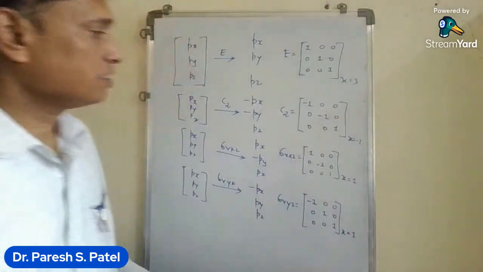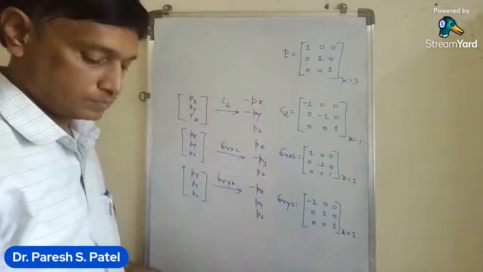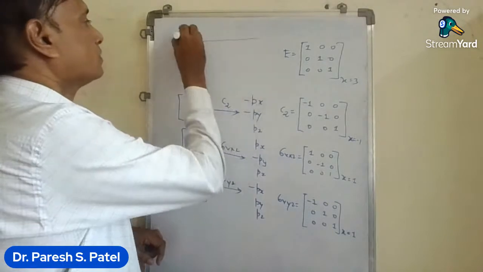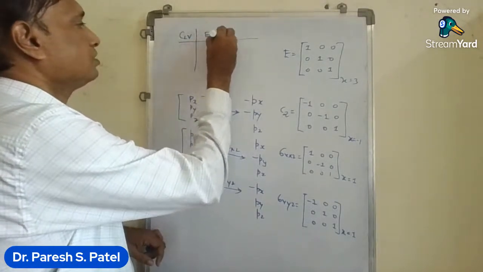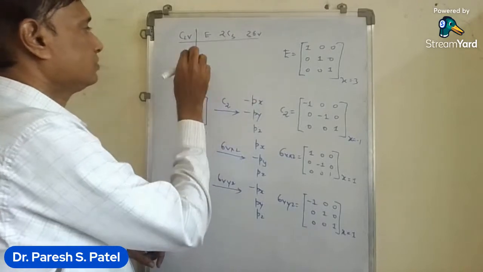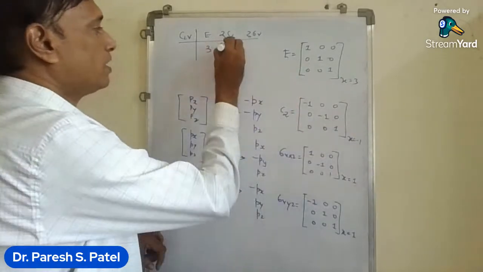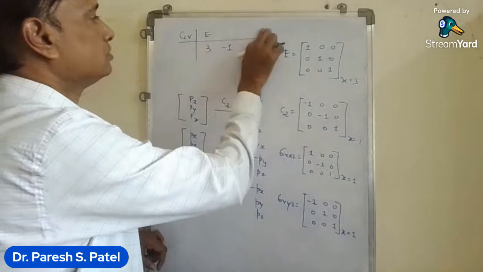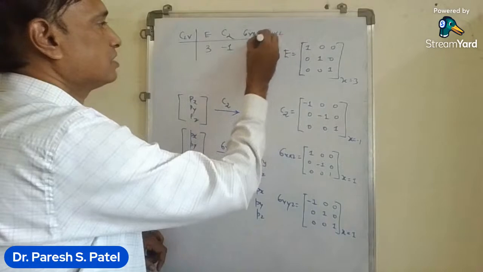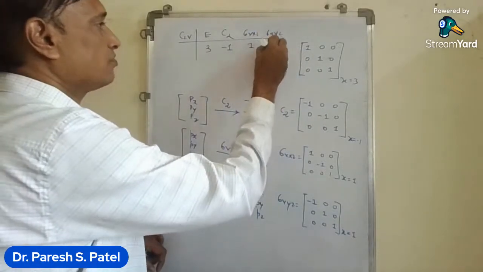Now, for C2v, E, C2, sigma v(xz), sigma v(yz): the contribution from the p orbitals is 3-dimensional, minus 1, 1, 1.